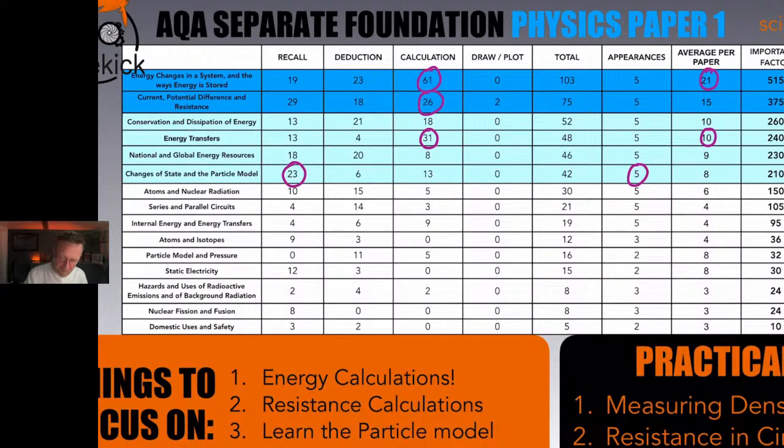It's in every single year, on average 8 marks. So knowing what changes happen when things melt and boil and condense and freeze, all those things, it's easy marks if you know those, so do focus your revision on that.